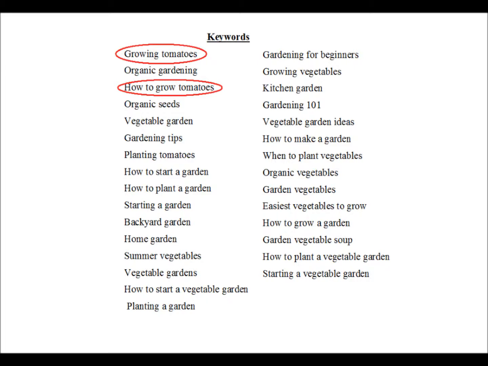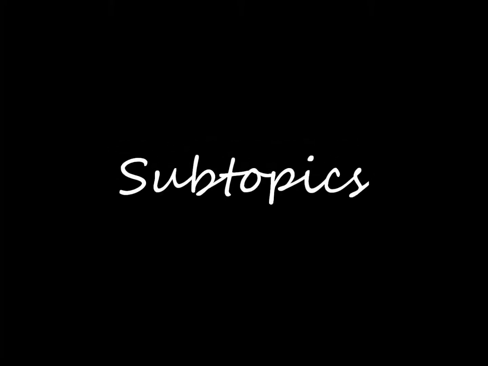This doesn't mean I can't do how to start a garden. I can still incorporate all these keywords, but my main focus will be tomatoes. From here, we'll narrow things down even further by creating subtopics. These subtopics will be the main discussions of your blog and will help organize your ideas. You can put them as navigational tabs on your site.